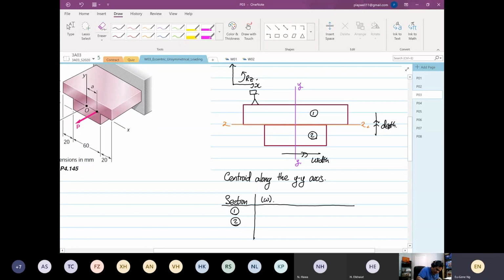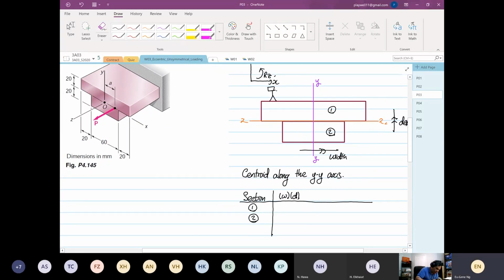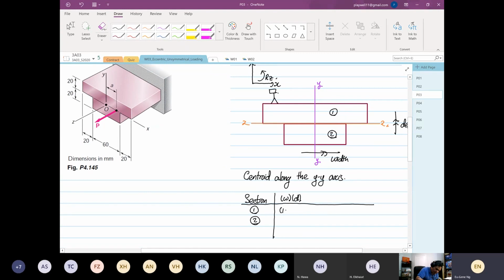So section 1, based on the geometry that we're given, the width is 100, the depth is 20. So the area is equal to 2000. And then section number 2, the width is 60 multiplied by 20. So this is equal to 1200.